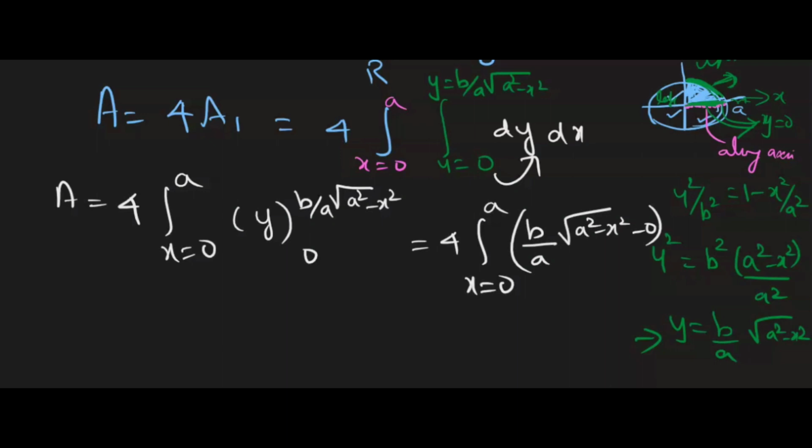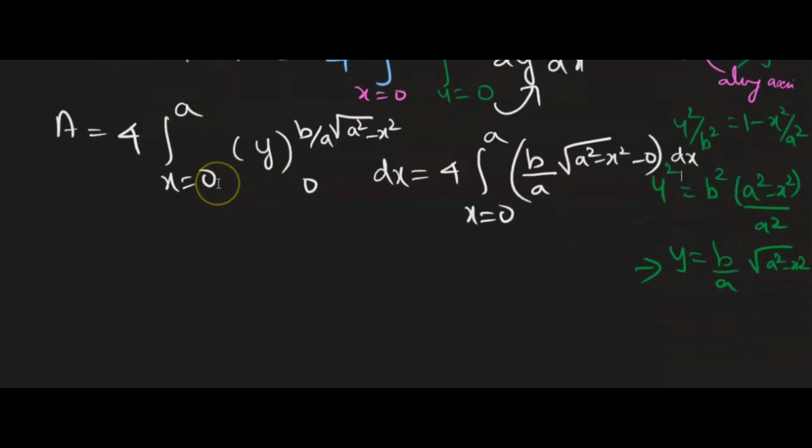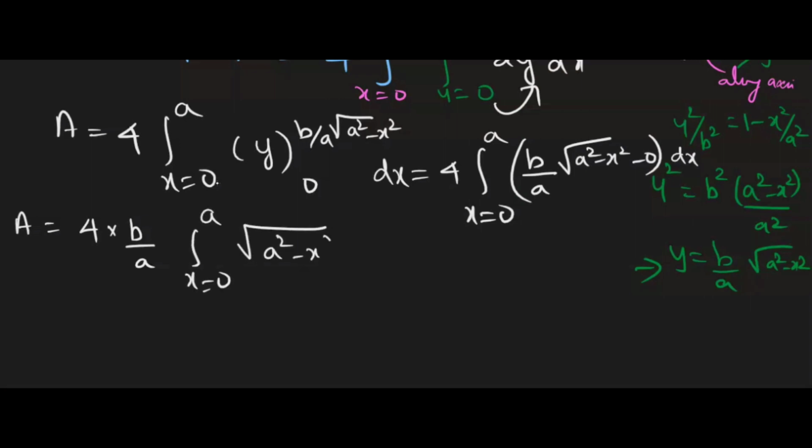And then we still have dx outside. If I simplify this further, I will get area is equal to 4 into b by a, which is also a constant, throw it outside. X varies from 0 to a, root of a square minus x square dx.